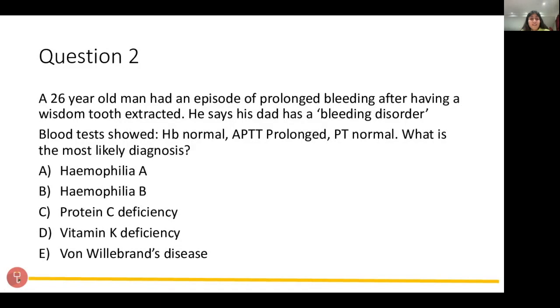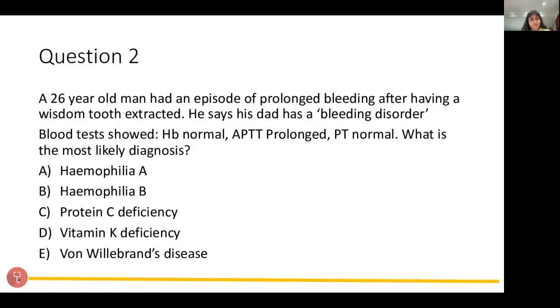And the reason why they can't mobilize is they've got massive bleeds into their joints, typically the knees, rather than mucosal bleeds, which are much milder and therefore caused by the milder von Willebrand's disease.